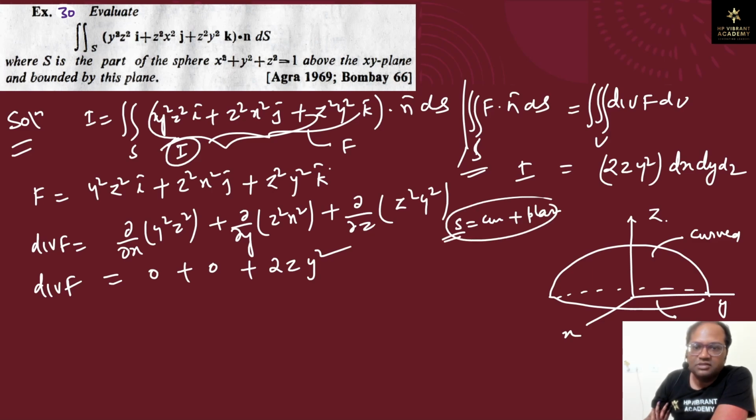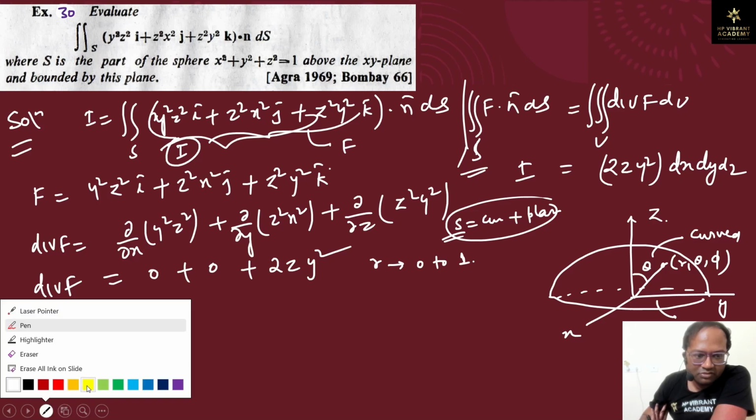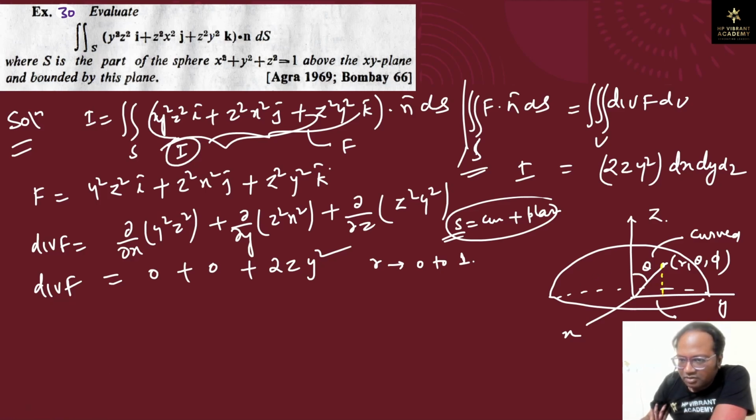So let us apply the spherical coordinate system here. Any point here will be represented in terms of r, theta and phi. Here r varies from 0 to 1. This is theta, and the projection of this on the xy plane will be at this particular point. So let us join this. This particular angle is phi.